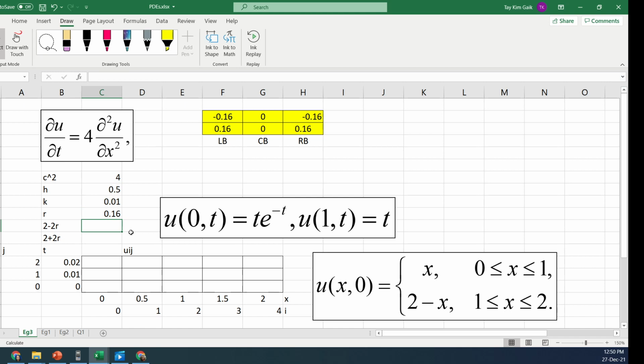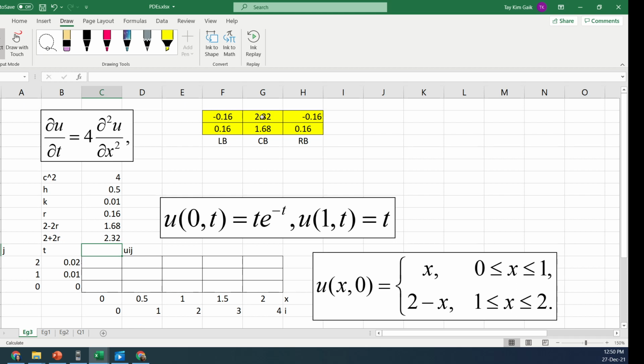Then 2 minus 2r is 2 minus 2 times r. Then 2 plus 2 times r. And for the general molecule of the Crank-Nicolson implicit method, at the top level, the coefficient for the left top cell is negative r.